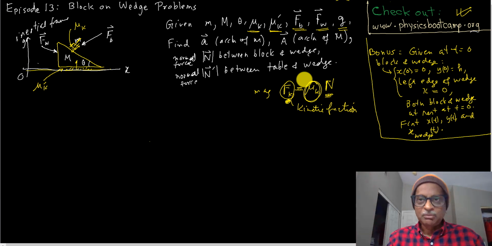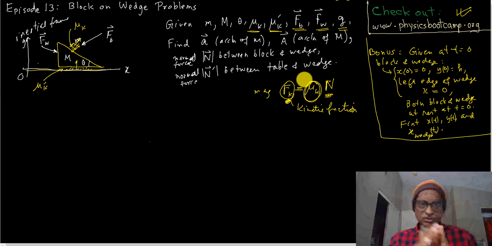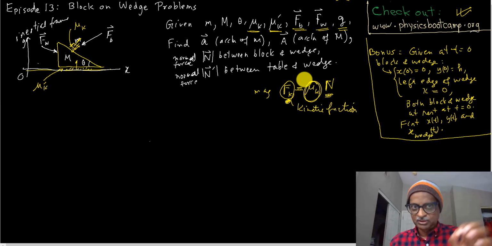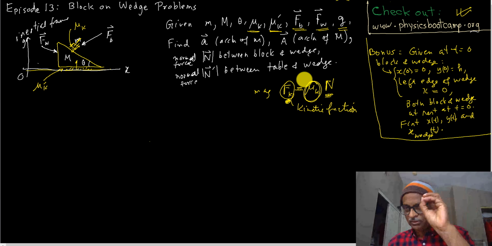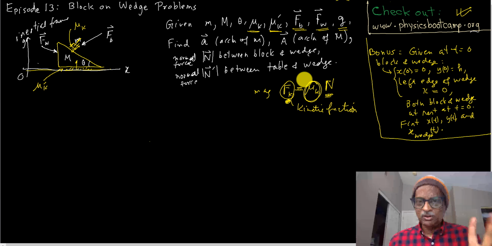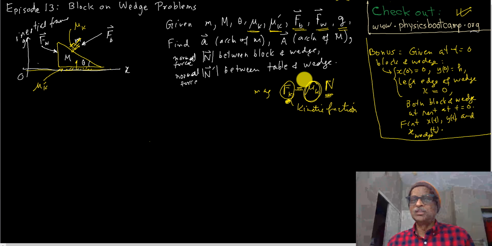All right, so when you do a Newton's laws problem, you start with identifying the system and all the forces in that system. Here there are two moving bodies, so there will be forces on both of them. You have to have Newton's law for the block and Newton's law for the wedge. So you need all the forces on the block and all the forces on the wedge.